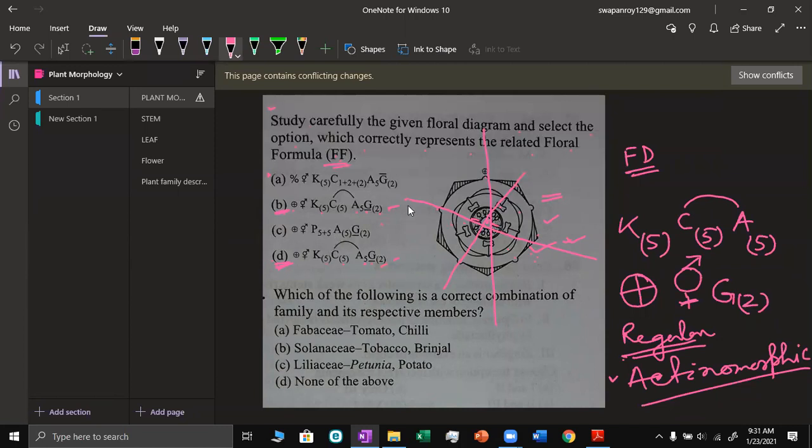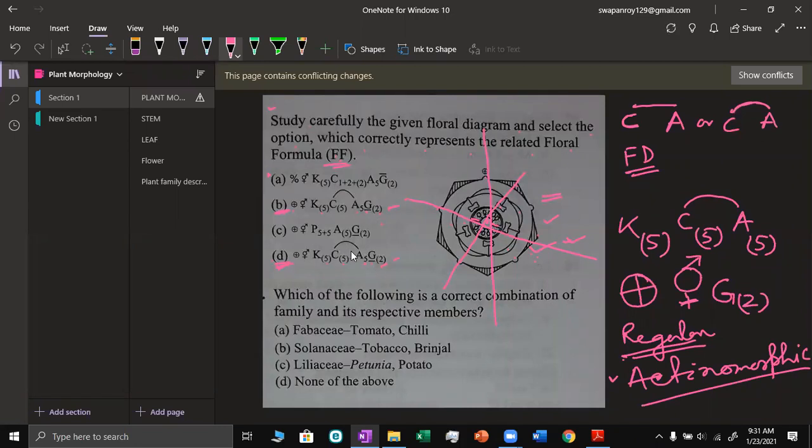Actually, here there is a slight difference in B and D. For this epipetalous condition, C and A are either joined with a super bracket, that is a line drawn in between these two, or either in this way, or we can write like this, an arc is drawn.